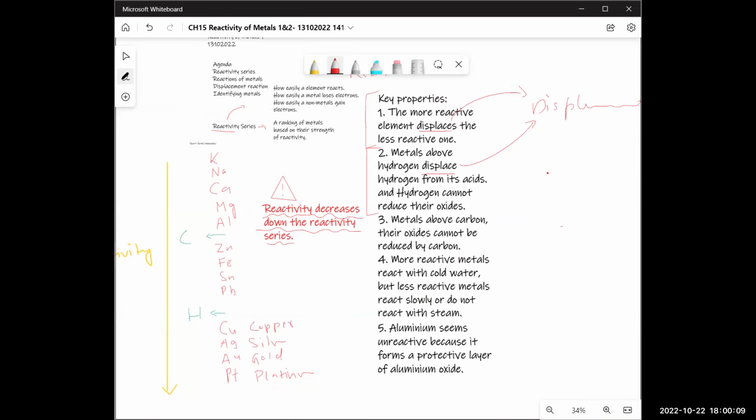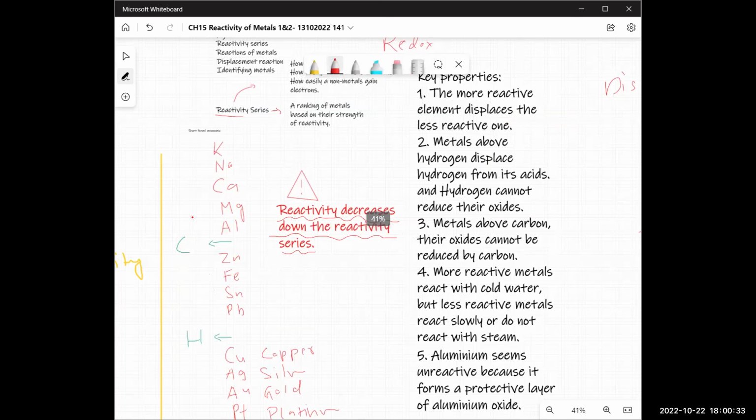Sir, so all the elements above hydrogen, from potassium till lead, are going to displace hydrogen. Yes, it's going to displace hydrogen. Now, from the first point, whatever is more reactive will always displace the less reactive. Let's take two of these. If I take calcium and iron, can someone tell me which is more reactive?